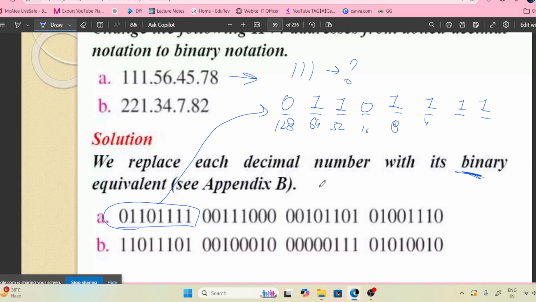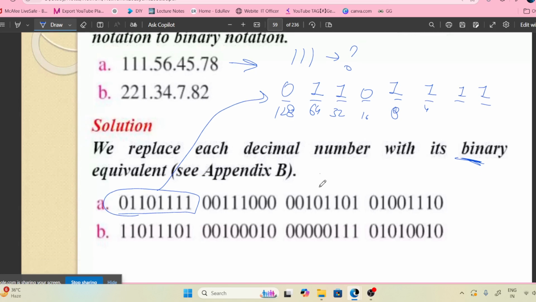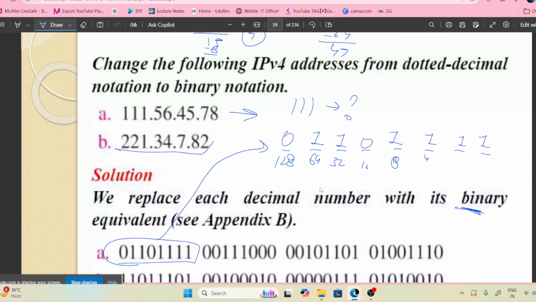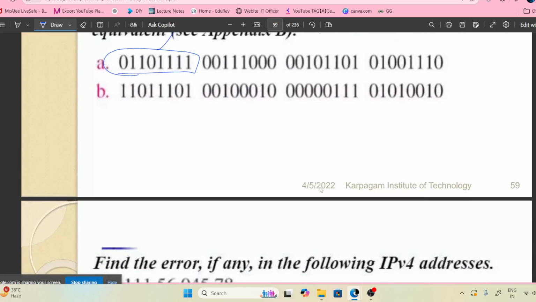Sir, please explain once again, what did you expand here? Let's suppose I ask you how you can write 64, or 65, in the form of 8 bits.